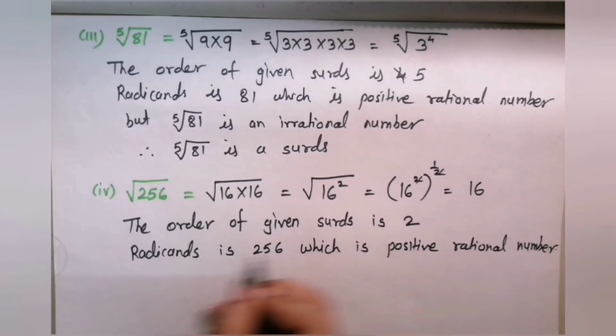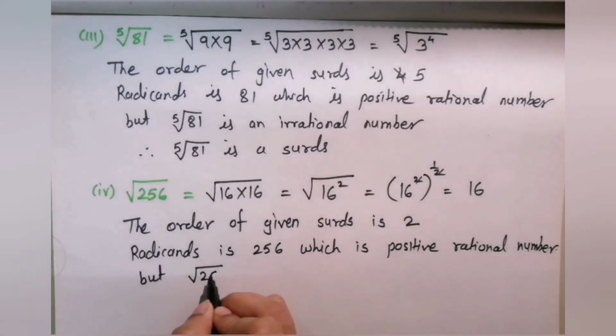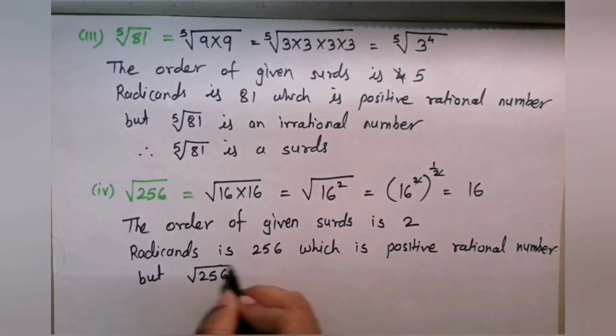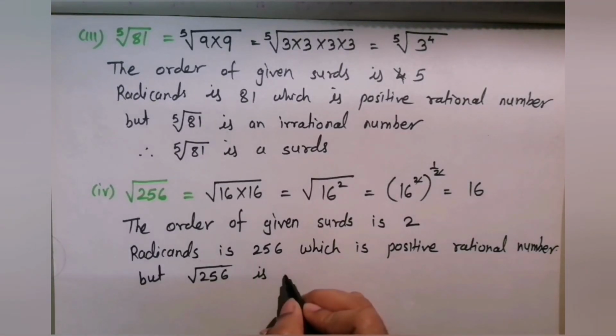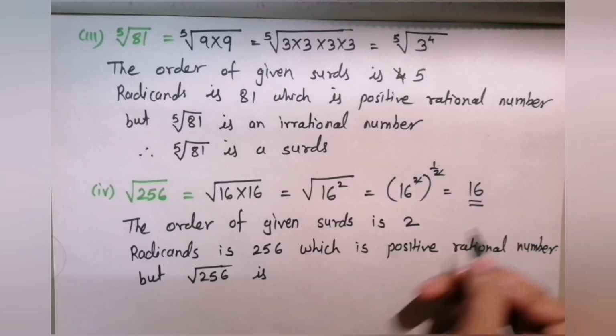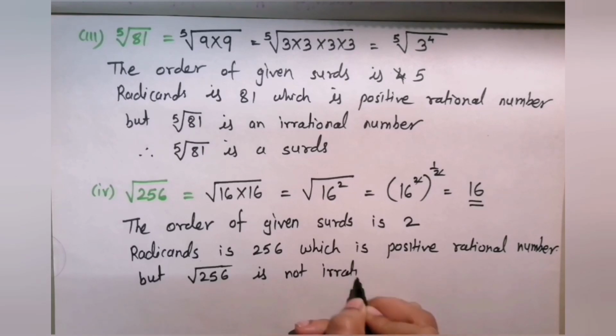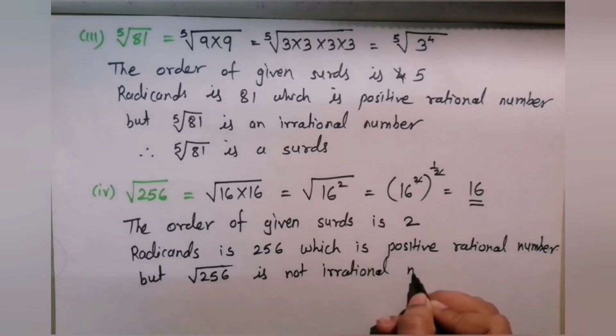Right, students? But the square root of 256 is not an irrational number, because we get the final answer 16. It is not an irrational number.